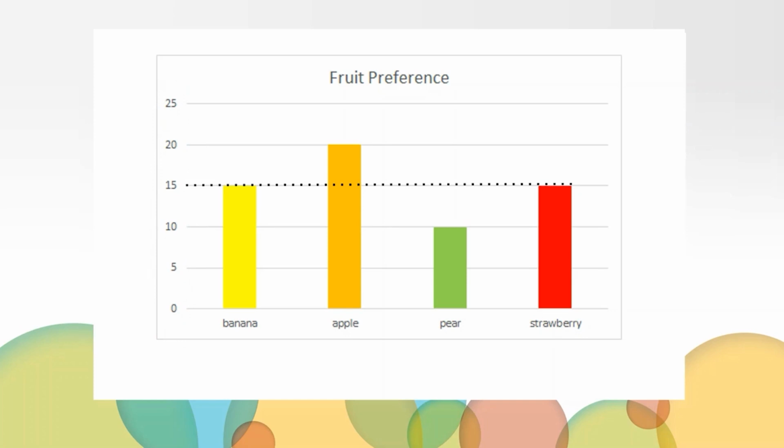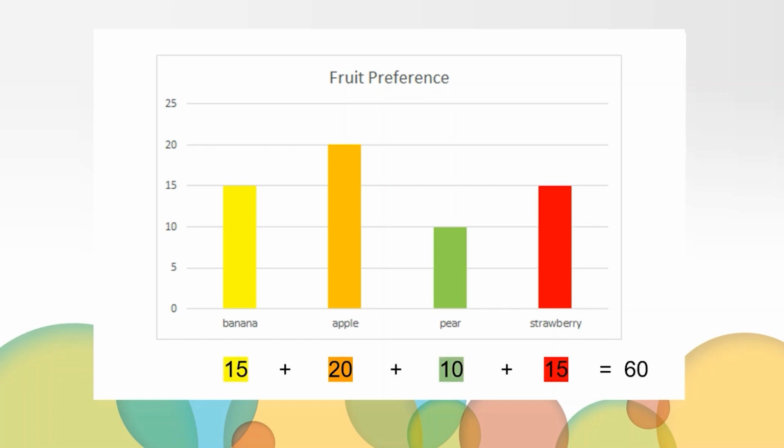You may have noticed that it looks like only 10 people prefer pears. Or that apples were preferred by the most people. You may also have added up all the bars and noticed that 60 people were represented in this data.